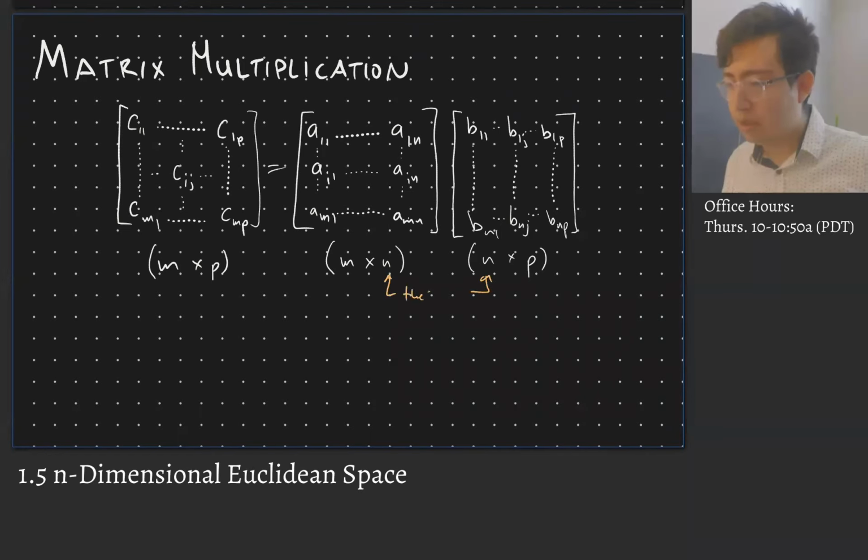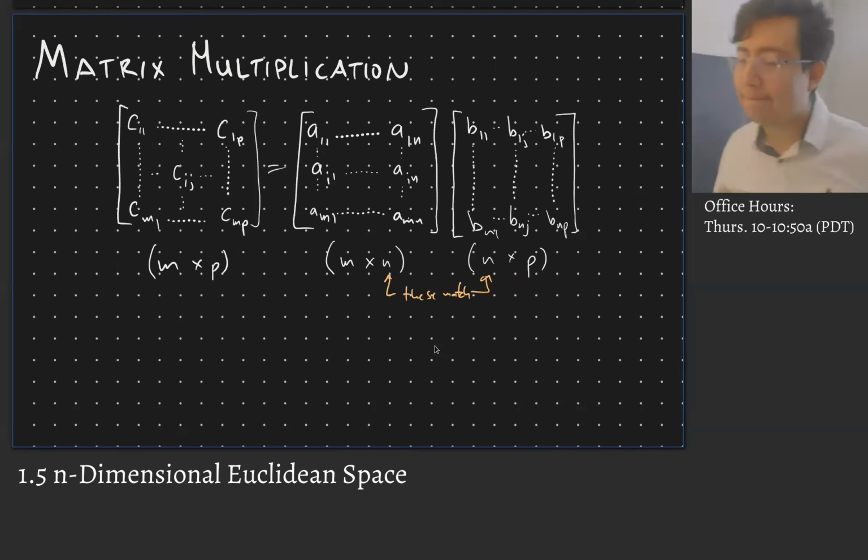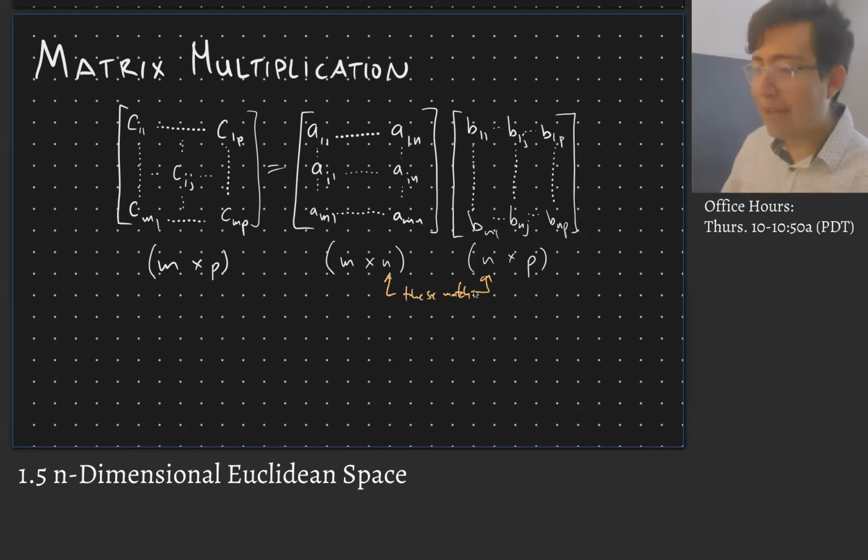Since these match, you can multiply these matrices together, and the output is going to be the leftover stuff. So m by p. You can kind of think of the n's canceling, but you need to have them on both.